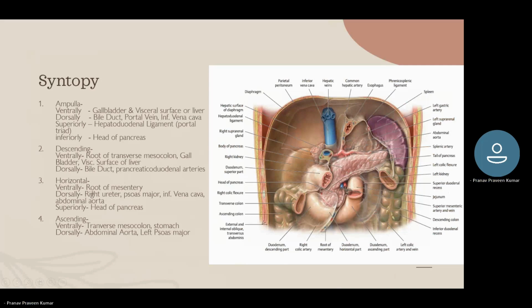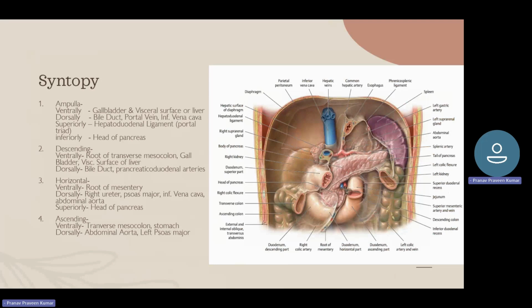Dorsally you'd have the right ureter. You cannot see it in this picture, but this structure would be the kidney, and from here would be coming its urine, the ureter. The right ureter would pass right behind it. That's why we can say it's present dorsally to the duodenum.